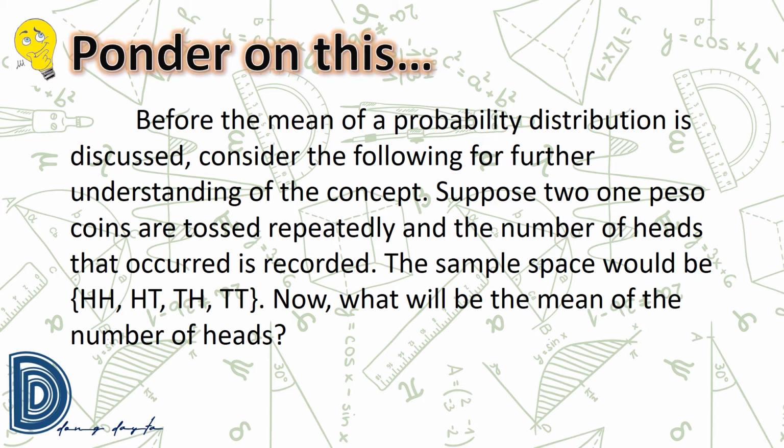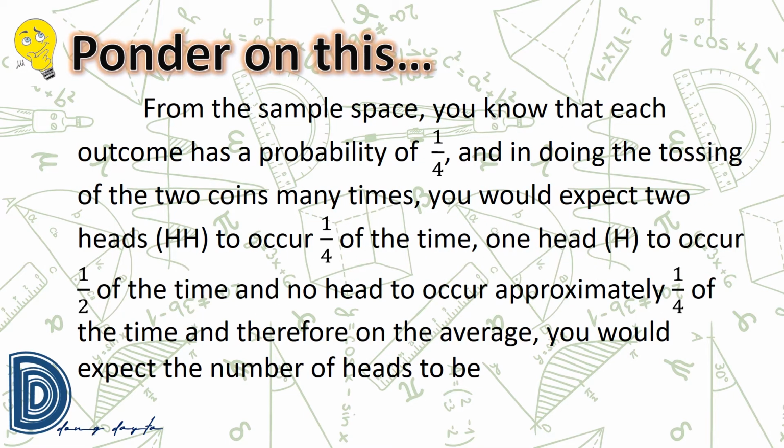Now, what will be the mean of the number of heads? From the sample space, you know that each outcome has a probability of 1/4. And in doing the tossing of the coins many times, you would expect 2 heads to occur 1/4 of the time, 1 head to occur 1/2 of the time, and no head to occur approximately 1/4 of the time.